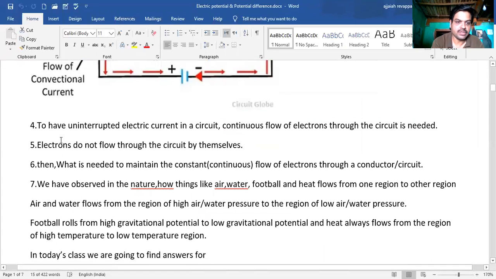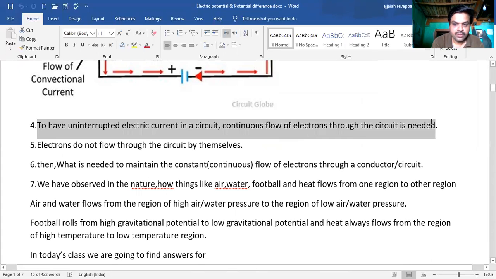Then we learned another important fact: to have an uninterrupted, undisturbed or continuous flow of electric current in a circuit, a continuous flow of electrons through the circuit is needed. The electrons have to circulate through the circuit without any break, without any interruption.